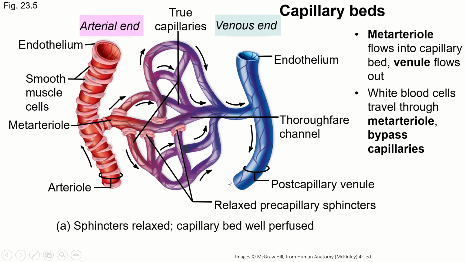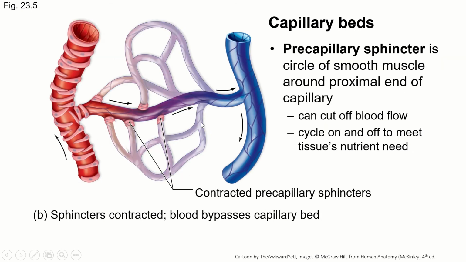Now, the other thing that's happening here are these little circles of smooth muscle, which are the precapillary sphincters. In this diagram, the precapillary sphincters are relaxed, and so blood can freely flow from the arteriole to the meta-arteriole and into the capillaries.